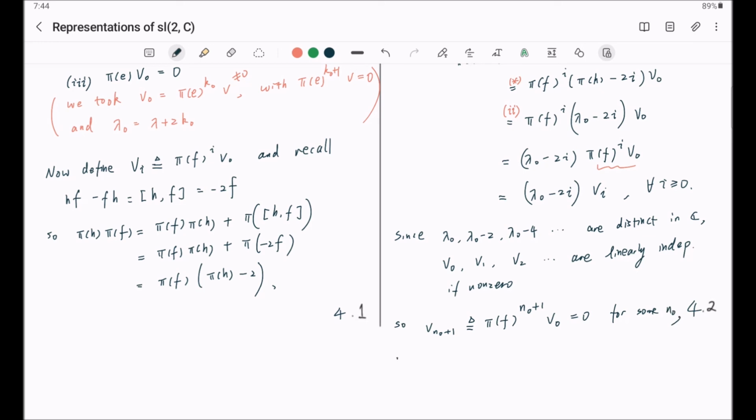And we let n0 be the smallest natural number such that v sub n0 plus 1 is 0. So in particular, v sub n0 is non-zero. This n0 is smallest such that v sub n0 plus 1 is 0.